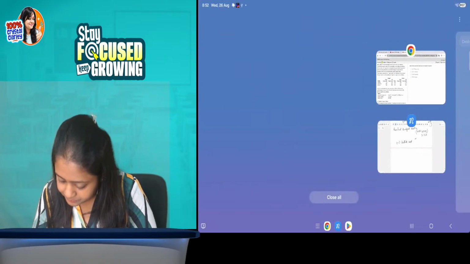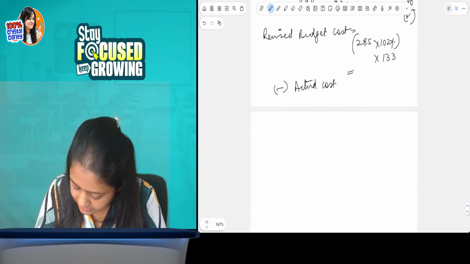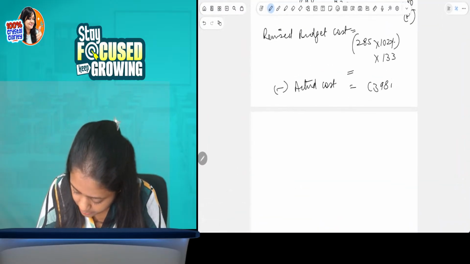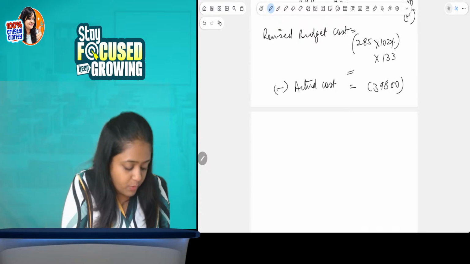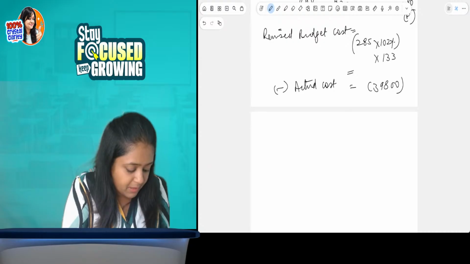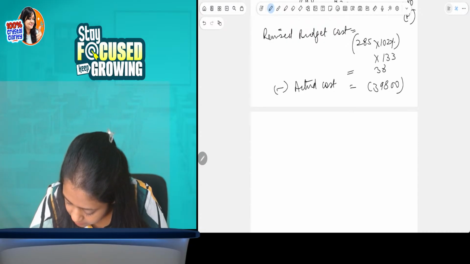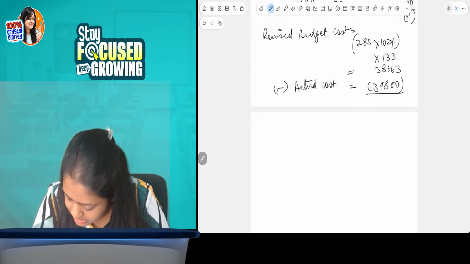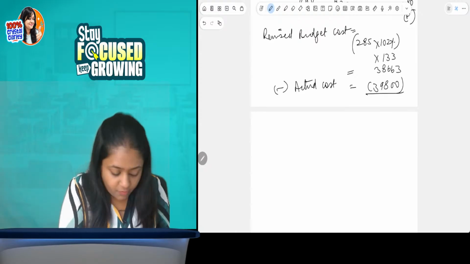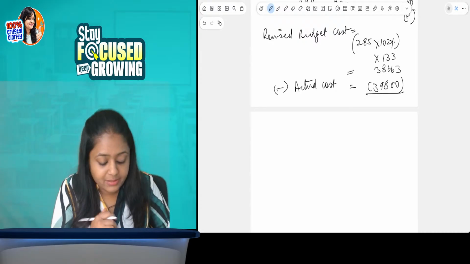So 285 multiplied by 102% and multiplied by 133, I get 38,663. You reduce it and you will get a variance of 1,137.